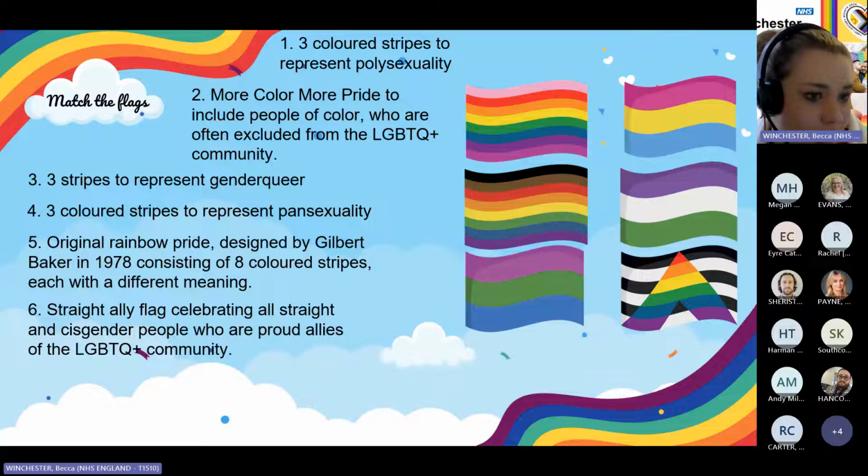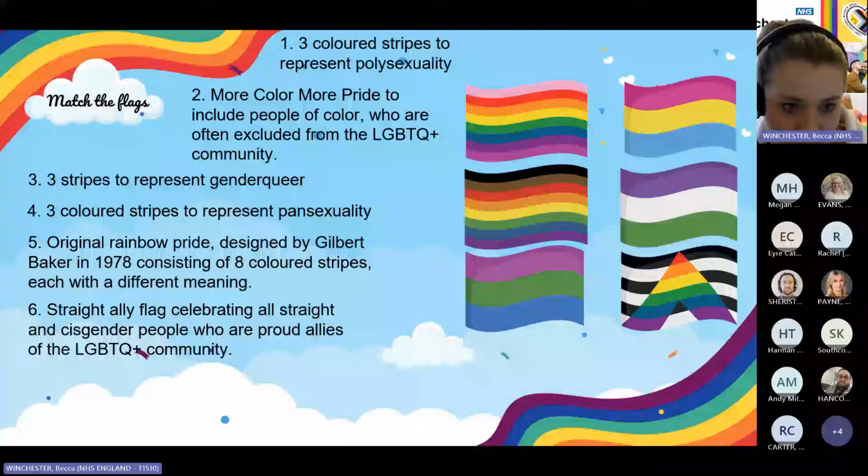And number 6, the straight ally flag, celebrating all straight and cisgender people who are proud allies of the LGBTQIA plus community.